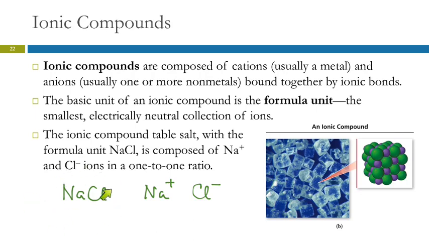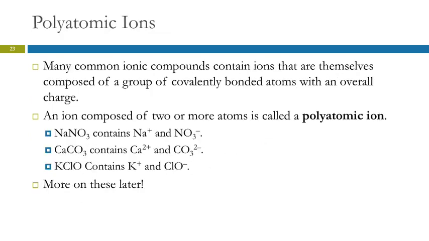So this is the formula unit. You don't actually see the formula unit in the substance. It's just the smallest ratio. It's the empirical formula of the ionic compound. Any questions? You guys are really quiet.